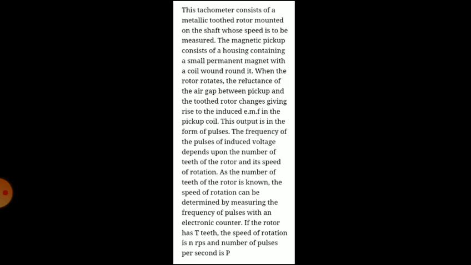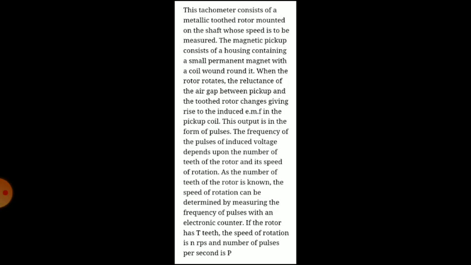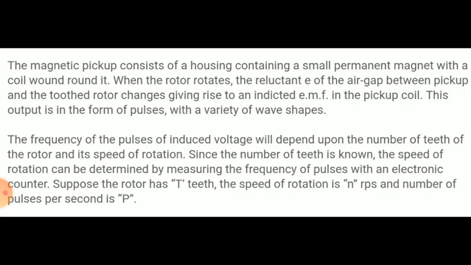So this is the construction and working of the tooth rotor variable reluctance tachometer. You can see in the slide the construction and the working. This is another slide of the construction and working.